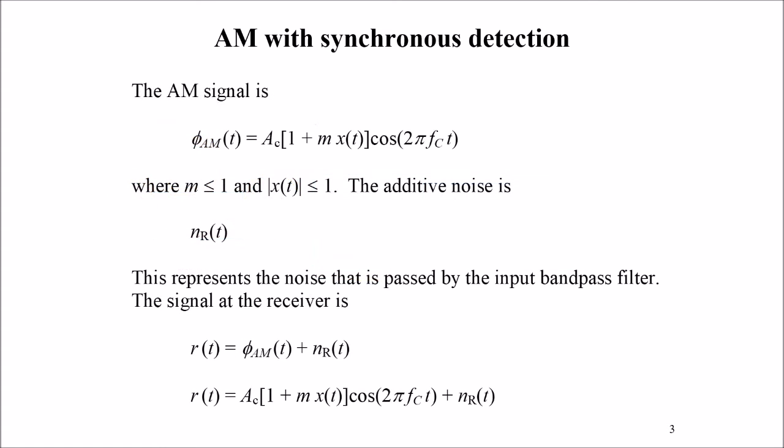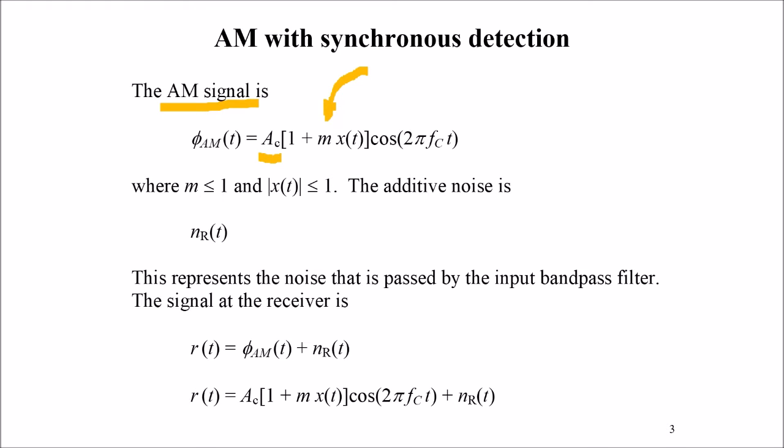Here's our equation for the amplitude modulated signal. We've got an amplitude A_C for the carrier, and then this term in square brackets, 1 plus m times x of t. M is the index of modulation. That tells us how deep the amplitude modulation is.